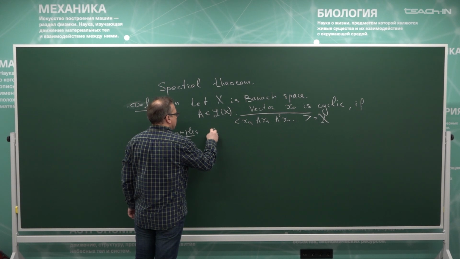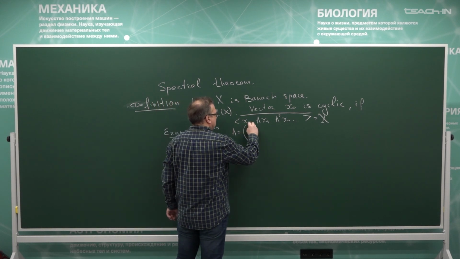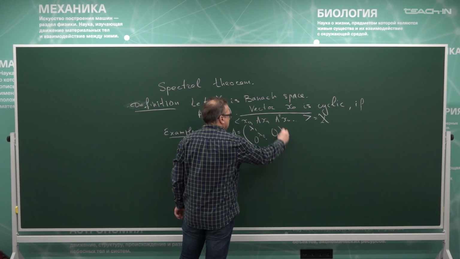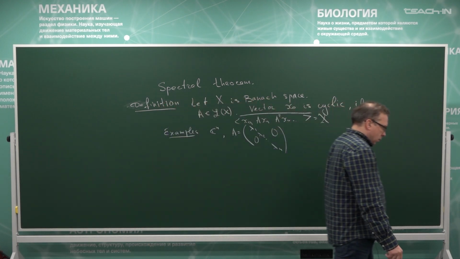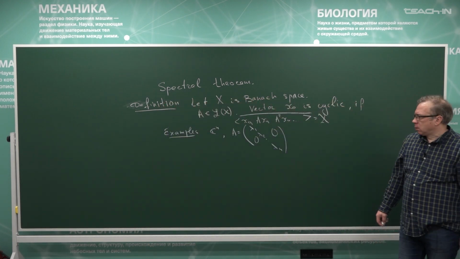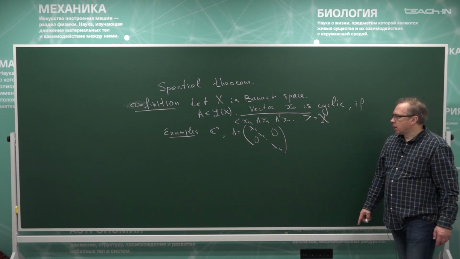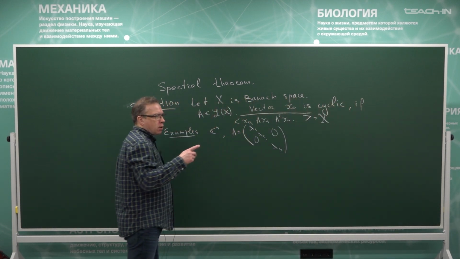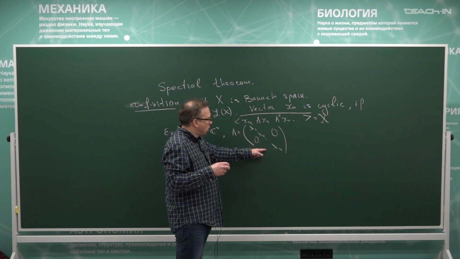Let's consider C^n, and the operator A is a diagonal operator, maybe with complex numbers, so it is not obviously self-adjoint. But I state that for this operator a cyclic vector exists if and only if all lambda_j are different.